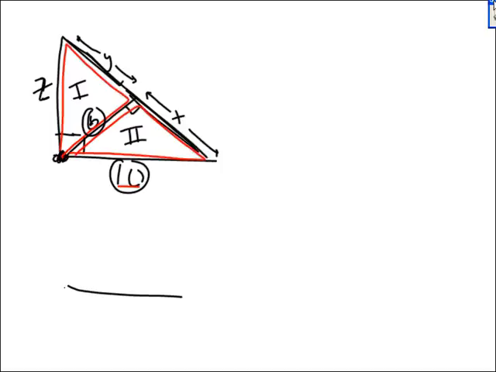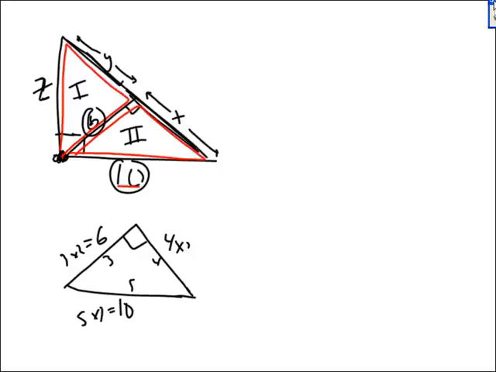Let's draw it over here. That's the right angle, 6 and 10. But you know what? This number 6 is 3 times 2. This number 10 is 5 times 2. 3, 4, 5 right triangle. Oh, you mean this one is really 4 times 2? Remember, the larger side has to be the hypotenuse. That x is 8.